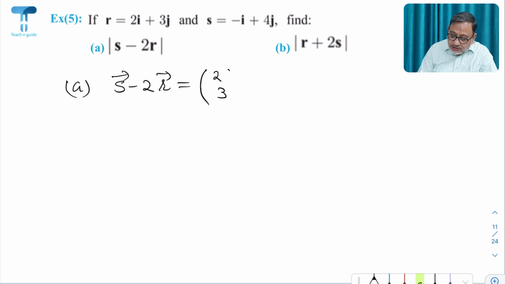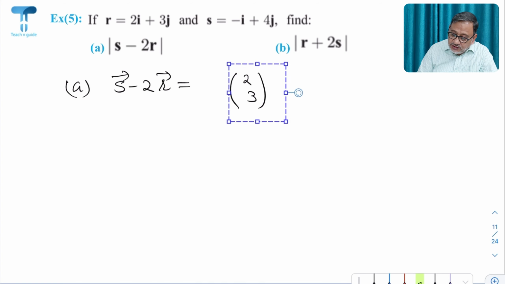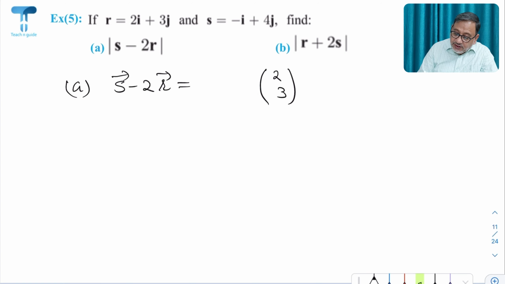I wrote in the wrong way. So I should write S first. So I will write vector S as (minus 1, 4) minus 2 times vector R.